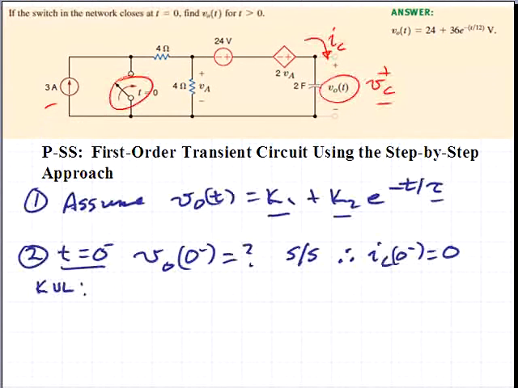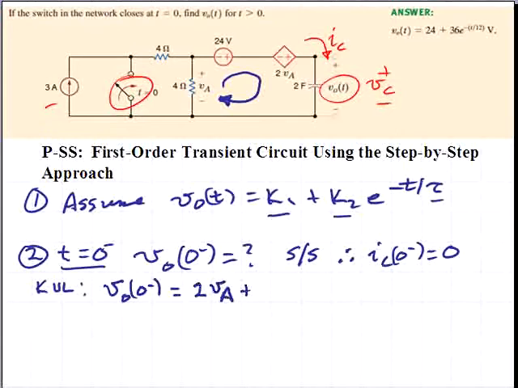We'll do a KVL summation around this closed loop, and we'll have that VO at 0 minus is equal to the 2 VA dependent source plus 24 volts from the independent source, and that labeled voltage V sub A, which controls a dependent source.